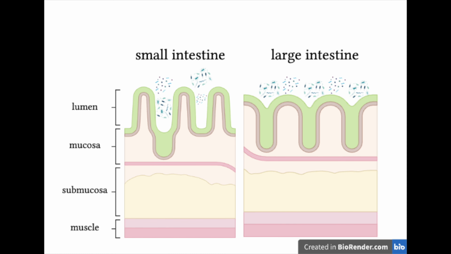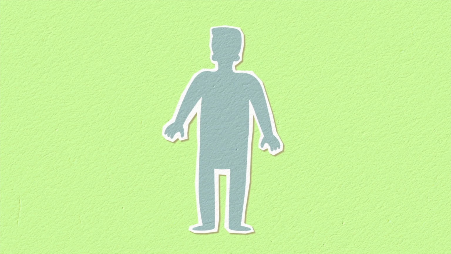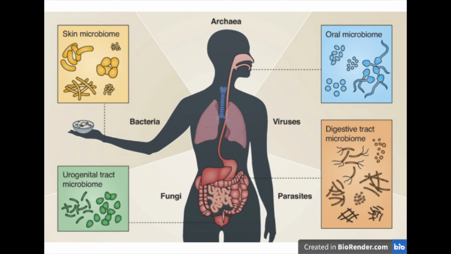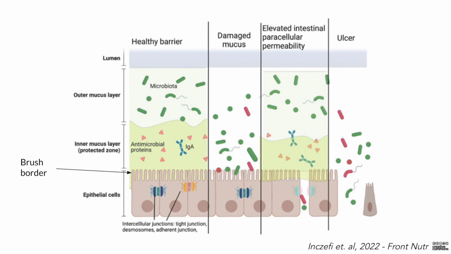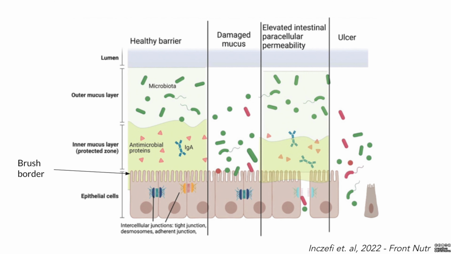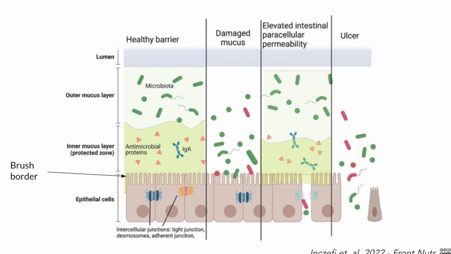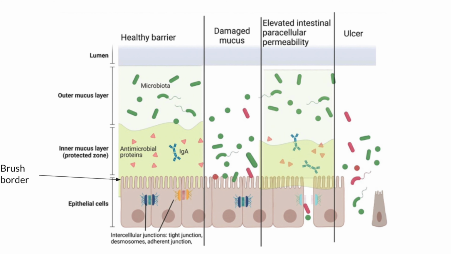Beneath the lumen is the mucus layer. Mucosa are also present at the airways, oral cavity, digestive tract, genitourinary tract, and skin. Mucus is full of antimicrobial compounds. Mucus itself prevents bacterial adhesion.